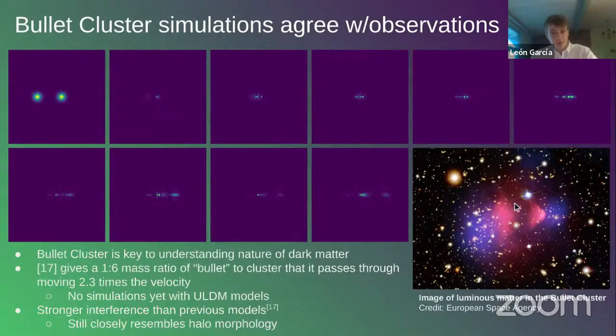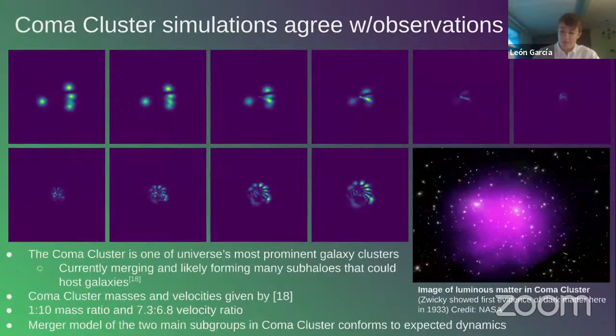So another application that I had using inputs from actual data in previous papers was the Coma cluster, the first evidence for dark matter that was discovered in 1933, where the galaxies in the Coma cluster were orbiting one another way too fast to be explained by their luminous mass.